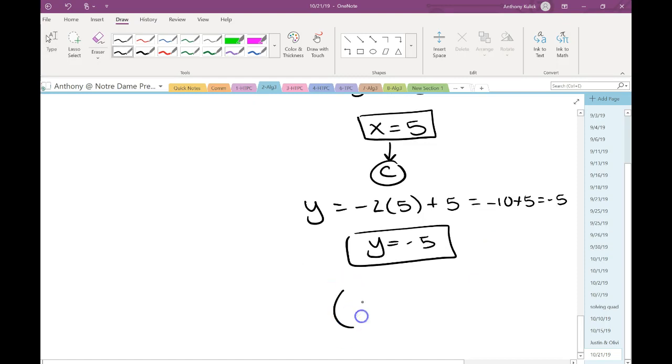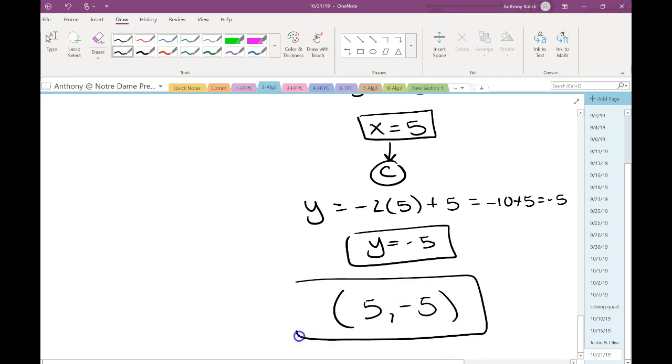So we can say our solution then is the ordered pair 5, negative 5. So when we write our solutions for these systems, we are going to write them as tuples, like an ordered pair. The order that we write our answers is always alphabetical. So x comes before y, so our answer for x should come before our answer for y.